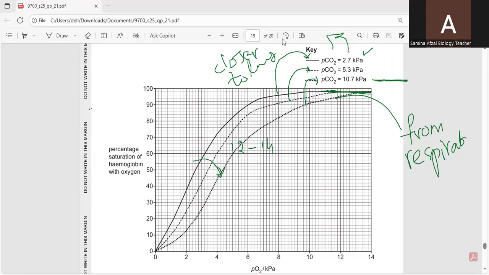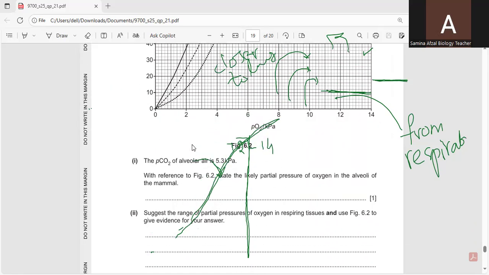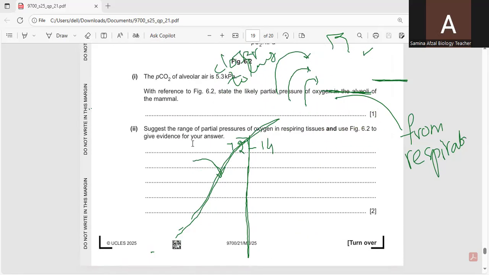You can see this steepness, the steepness is till 6, from the graph. So I would like to write that the range is between 1 to 6.